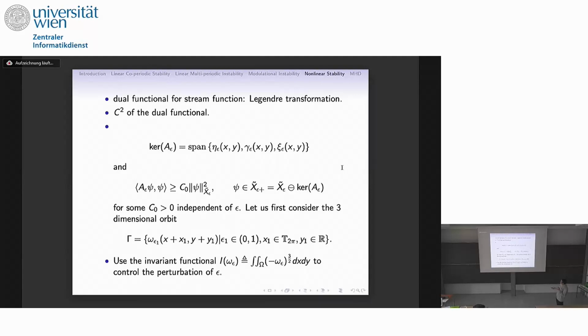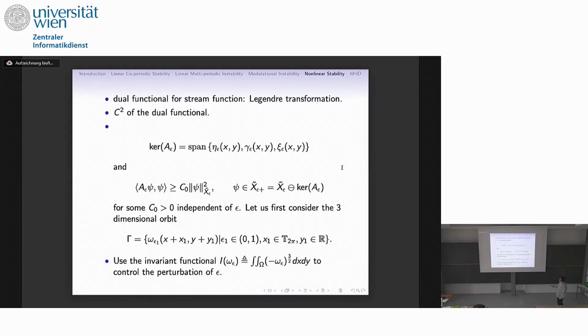The third kernel comes from the derivative with respect to the epsilon parameter. So first we enlarge the orbit from the 2D orbit to the 3D orbit. In other words, we take x, y, and epsilon all to be changeable parameters, so it becomes a 3-dimensional orbit. First we prove the orbital stability for this 3-dimensional orbit. This takes care of all 3 kernels. It gives you the positivity of the second order variation of this reduced functional.